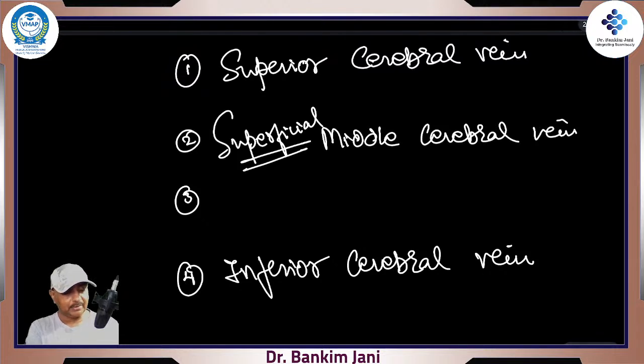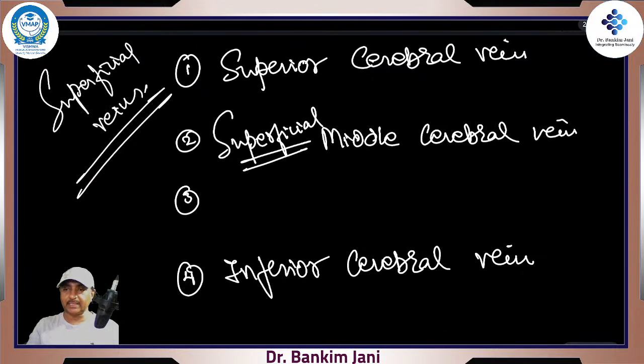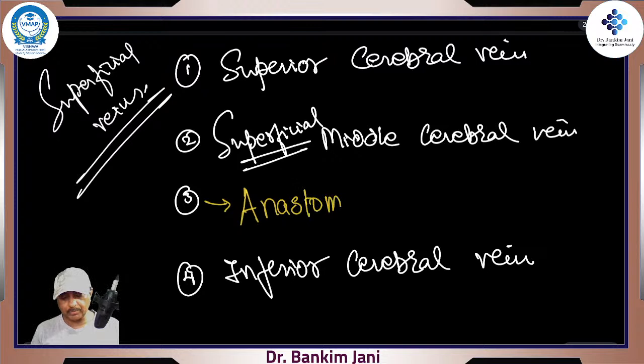Got the idea? We are talking about superficial veins. Superficial veins means not small veins, but the veins on the surface, present in the subarachnoid space. So this is one. Then what's here? These are called the anastomotic veins.